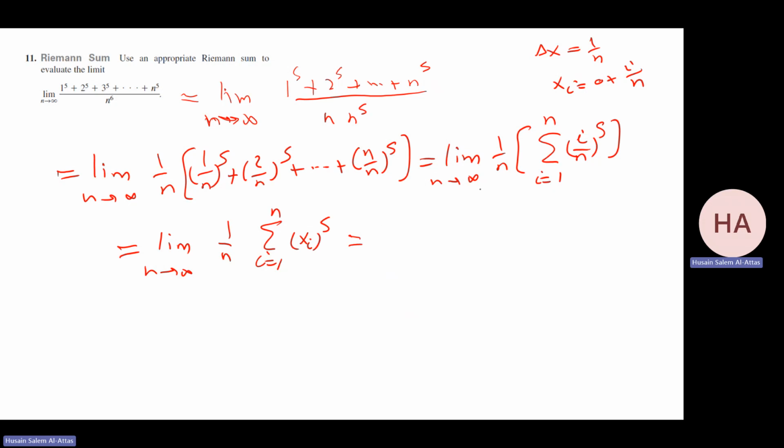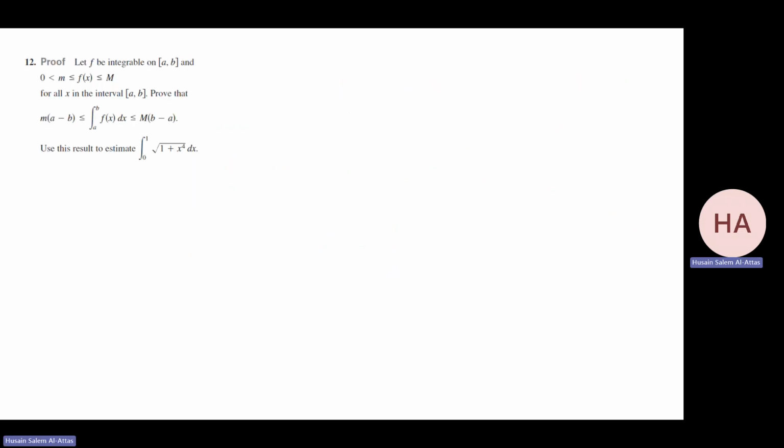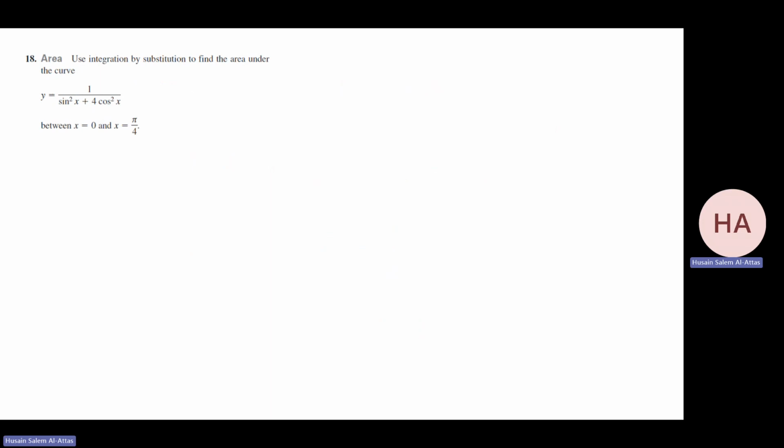The same idea: a equals 0, so b equals 1, since b minus a is equal to 1. So that will be the integral from 0 to 1, x to the power 5 dx, which is x to the power 6 over 6 from 0 to 1, which is 1 over 6. Okay, two more or three more problems.